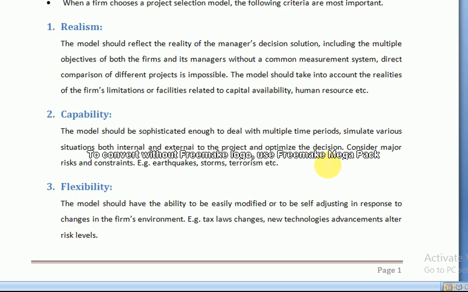Look, realism means to accept the reality. Sometimes the project managers are accepting the projects, but the business doesn't have the ability to have such a huge capital with them.